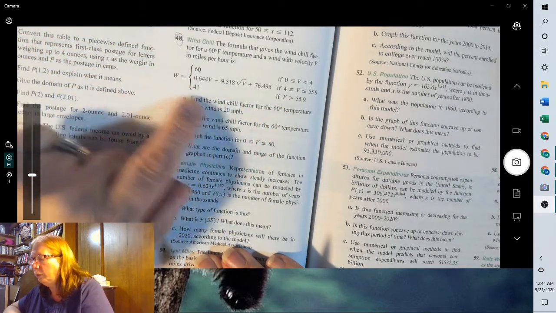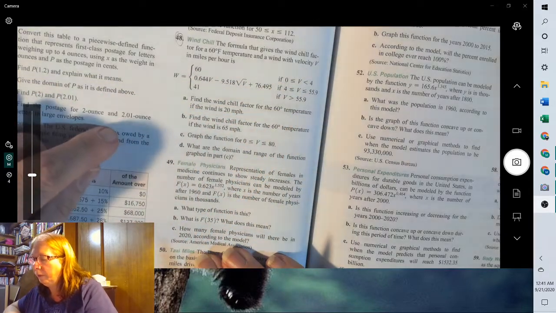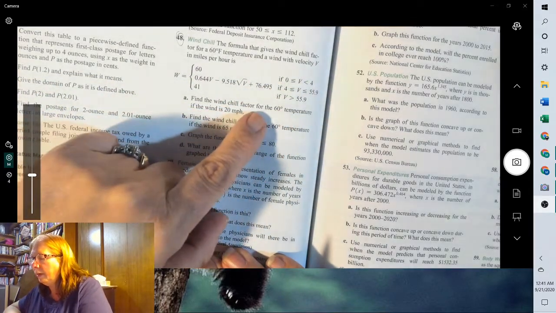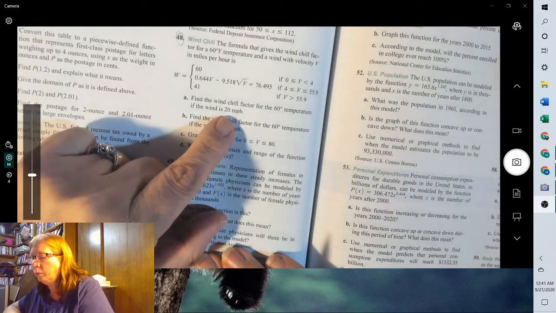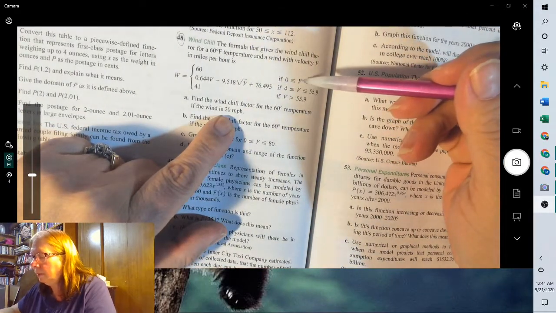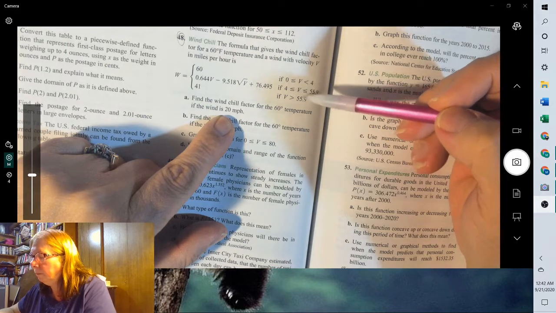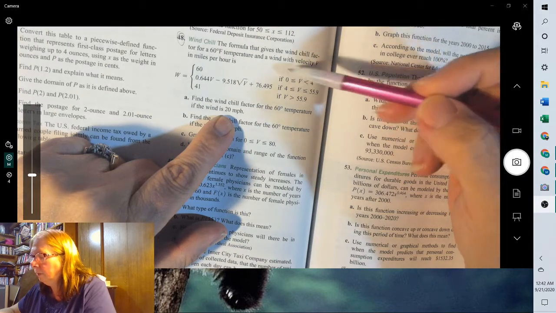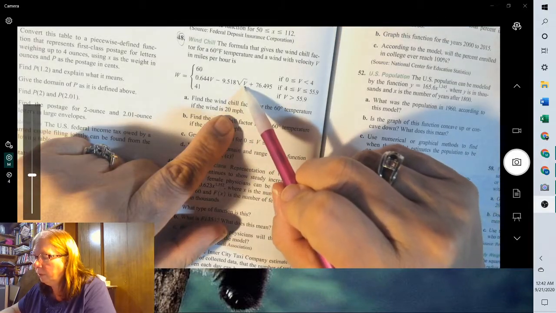So this is wind chill, and the velocity of the wind is what our x value would be. Find the wind chill factor for 60-degree temperature if the wind is 20 miles per hour. That's our velocity. So we want to find out where 20 fits in. Well, definitely not here. 20 fits here. So we have to plug it into this equation.